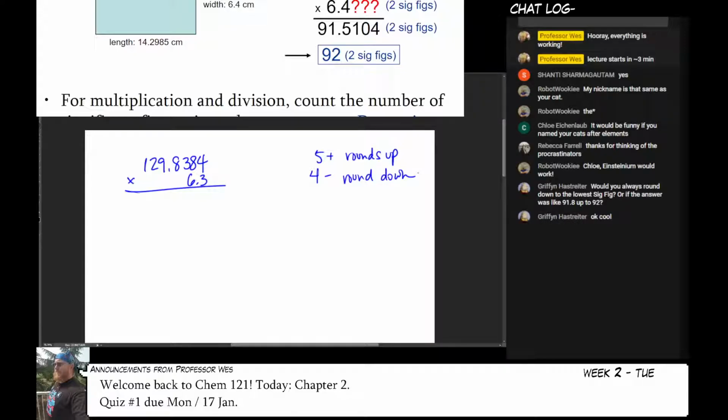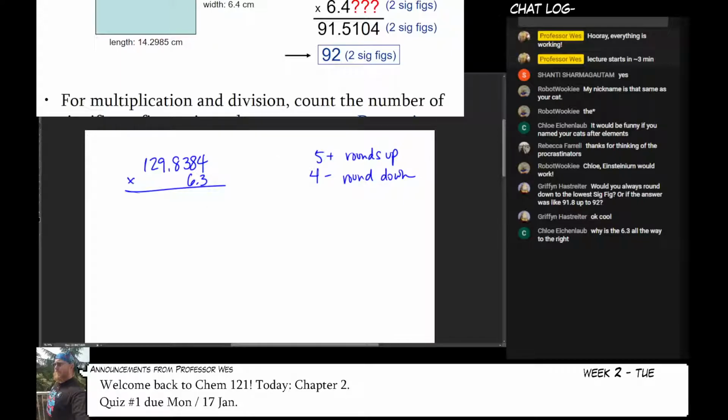So, yeah, no problem. All right, I'm going to punch these numbers in my calculator, and we're going to do this example: 129 times 0.8384 times 6.3. Why is the 6.3 all the way to the right?